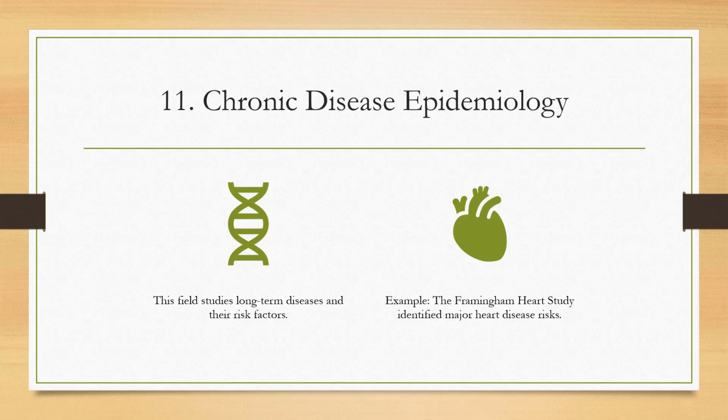Researchers followed thousands of participants for many years and identified major cardiovascular risk factors such as smoking, high blood pressure, obesity, and high cholesterol. These findings changed medical practice and public health policy by encouraging prevention strategies such as smoking cessation and blood pressure control.